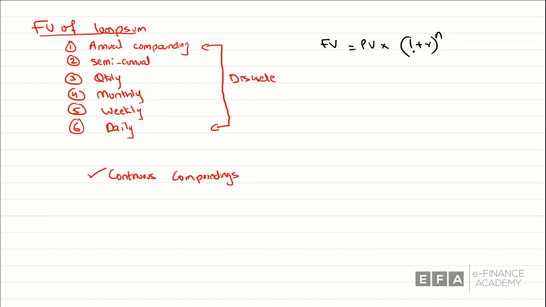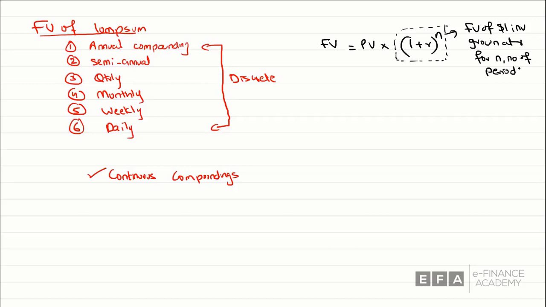So it's assumed as if you're investing $1 today, which means this is your present value today. Then this part gives you your $1 grown at r for n number of periods.